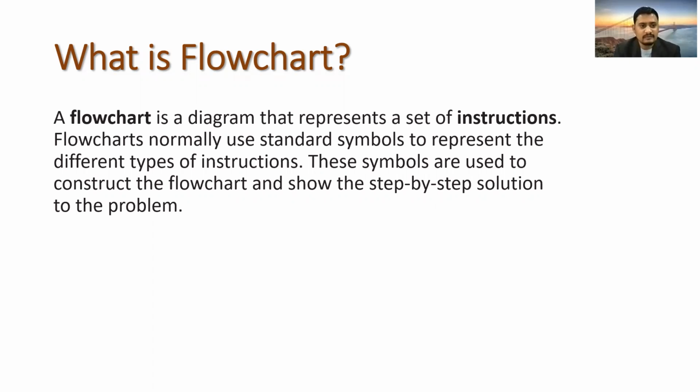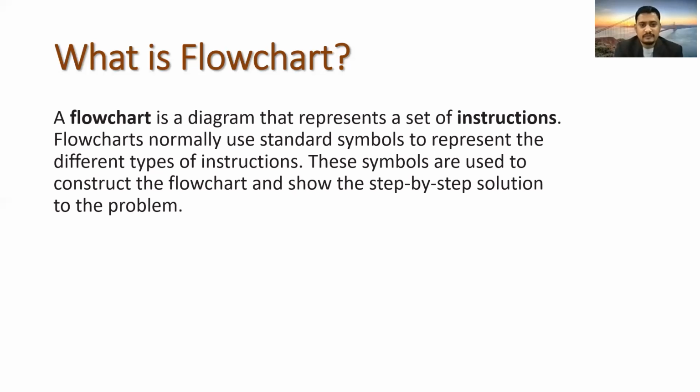A flowchart normally uses standard symbols to represent the different types of instructions. According to the instructions, the shapes or symbols will be different. These symbols are used to construct the flowchart and show the step-by-step solution to a problem.